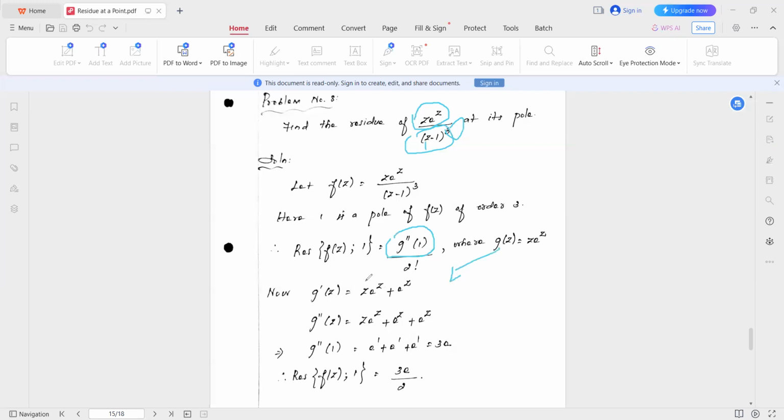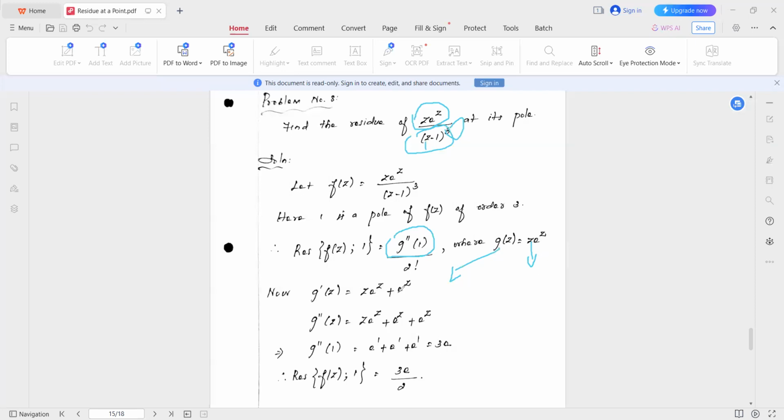For that, we differentiate the function g of z twice. Since both terms contain the variable z, we use the uv method. We have z into e power z: z into the differentiation of e power z, which is e power z, plus e power z into the differentiation of z, which is 1.